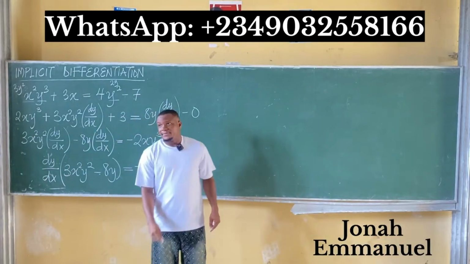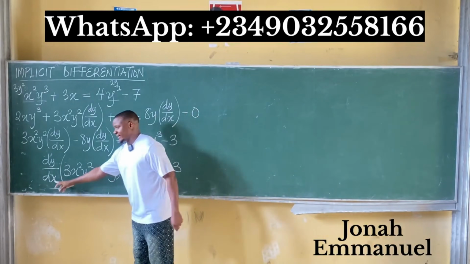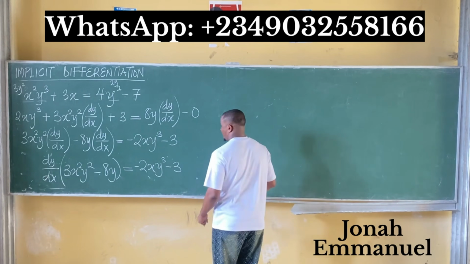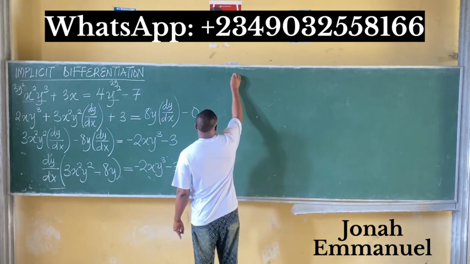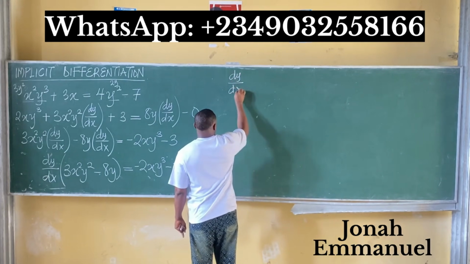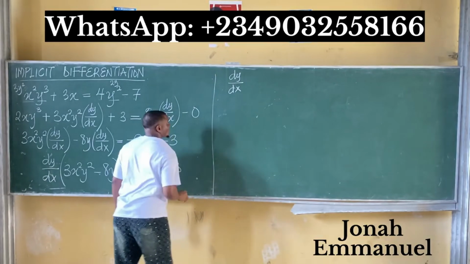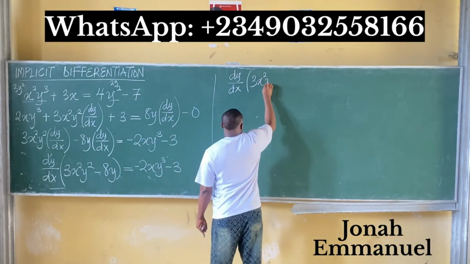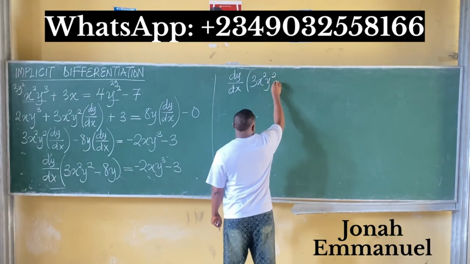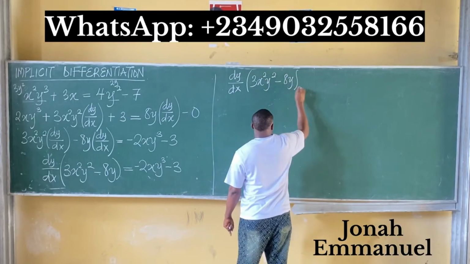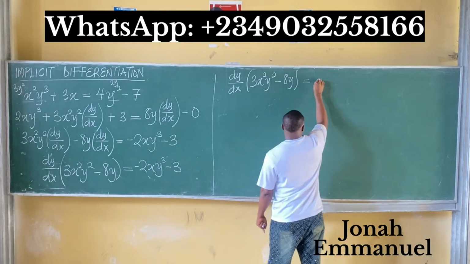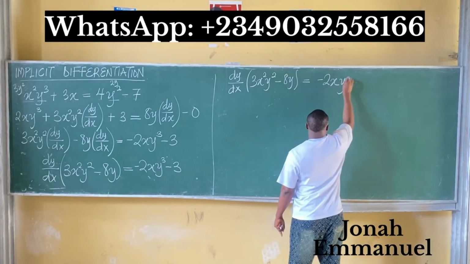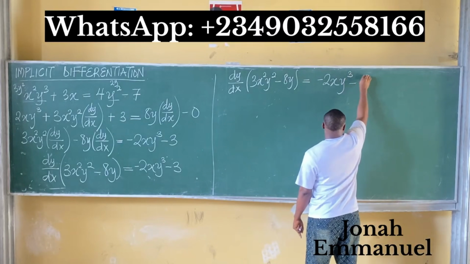All right. Please, if I want to make dy dx stand alone, what do I do? Divide both sides. Right. So dividing, we'll be having dy dx into 3x squared y squared minus 8y, equal to minus 2xy cubed minus 3.